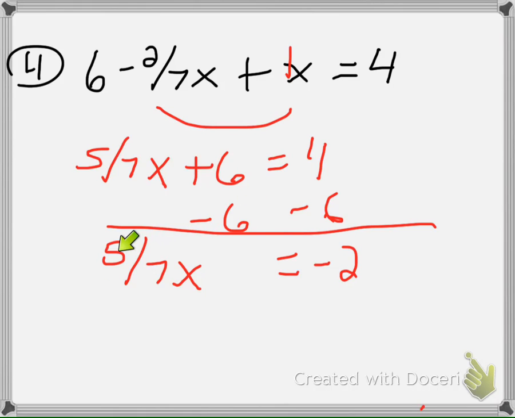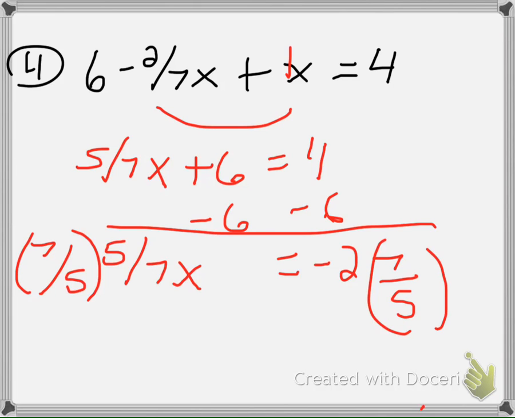What's the reciprocal of 5/7? 7/5. Anytime you multiply a fraction times its reciprocal, what do you get? Did you say 1? What's 1 times x? X. I'm going to put a 1 under here.